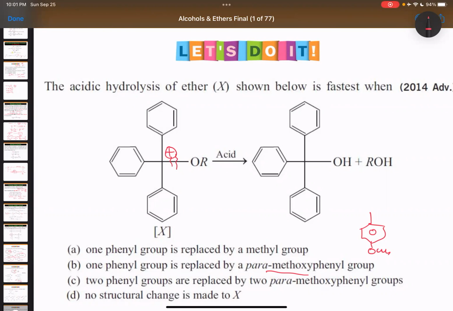Right, Sumaira? Yes, sir. And when can it become more stable? With the benzene, you already have 3 benzene rings. The cation is going to undergo resonance. So where is it going to become more stable?